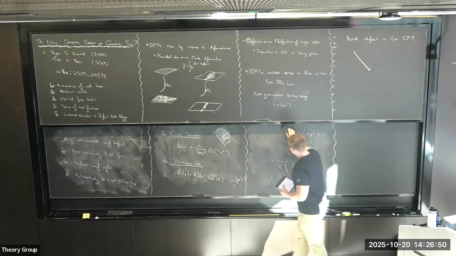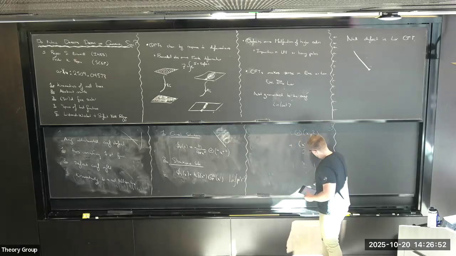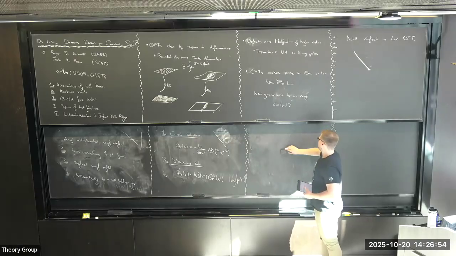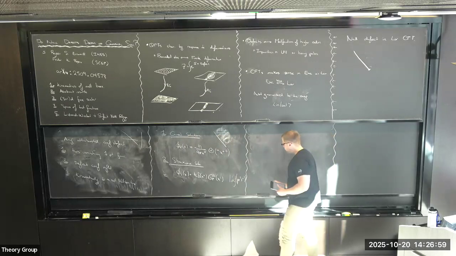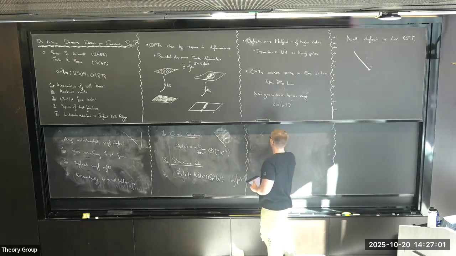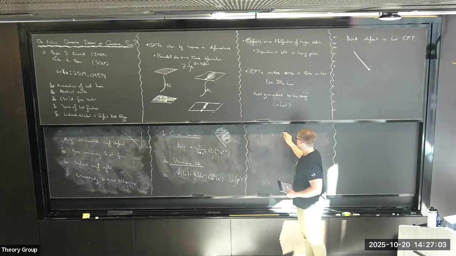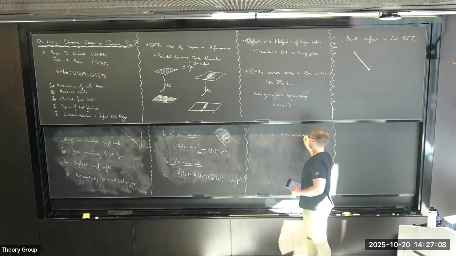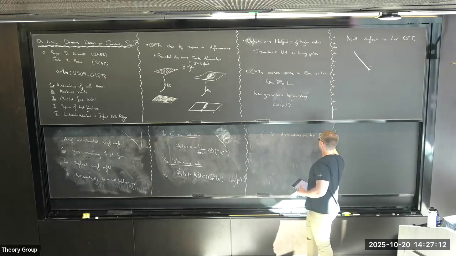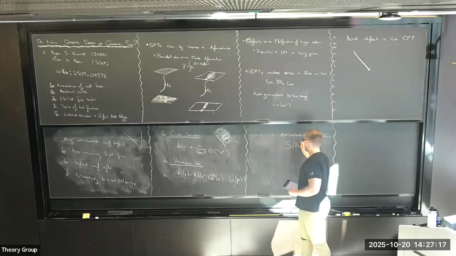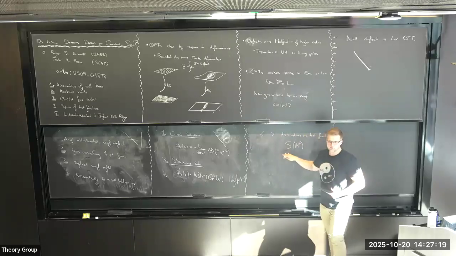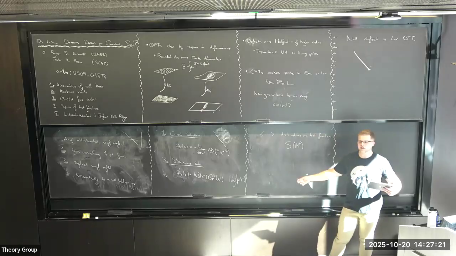But my claim is that if you're in a usual Lorentzian quantum field theory, it's well known that correlation functions are not actually functions, they're distributions on some space of test functions. In particular, we usually think of them as being dual to the space of Schwartz functions, which are functions which fall off sufficiently fast at infinity.